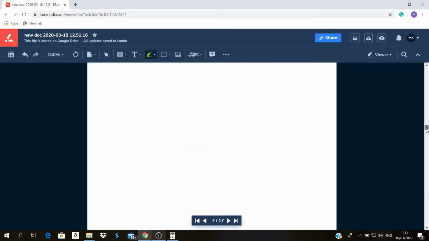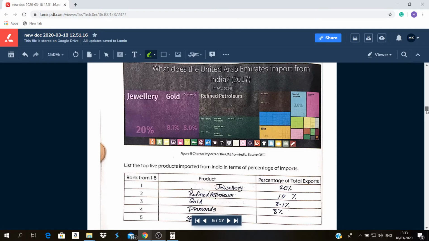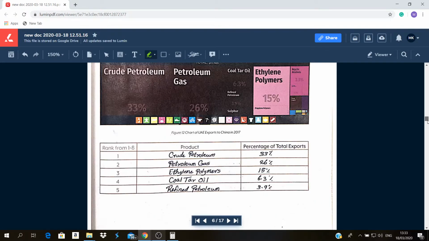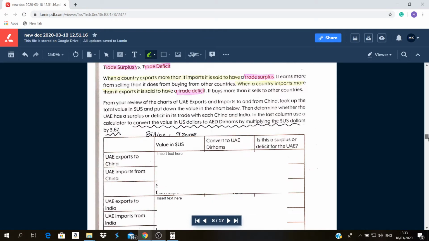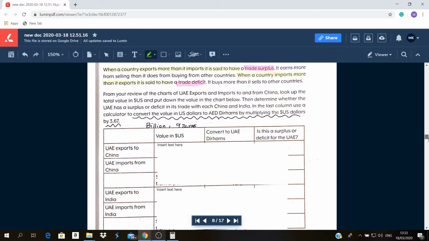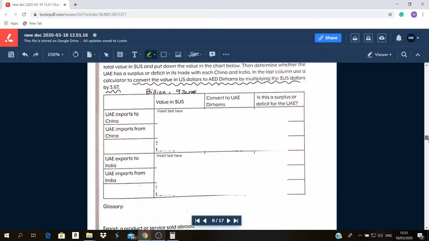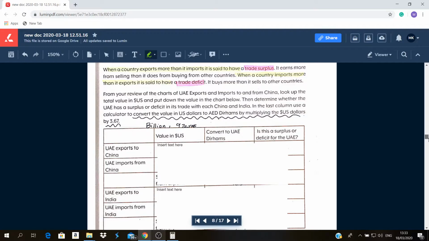Let's do the exercise. Here. So, first, 3. From your review of the charts of UAE exports and imports to and from China, look up the total value in US dollars and put down the value in the chart below.